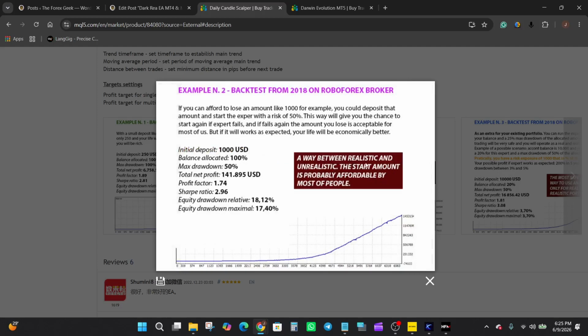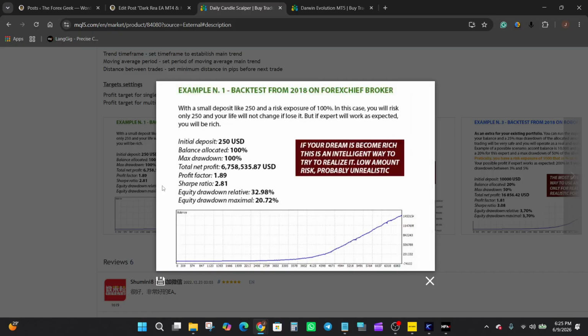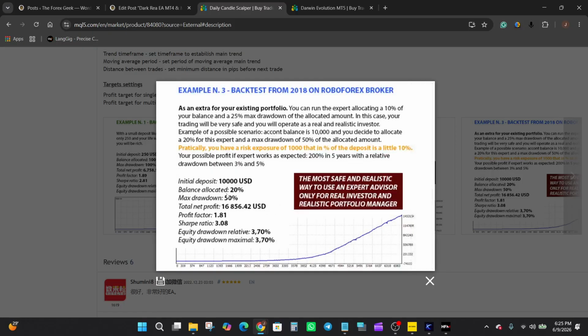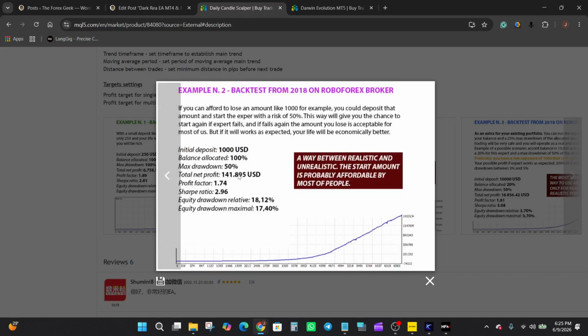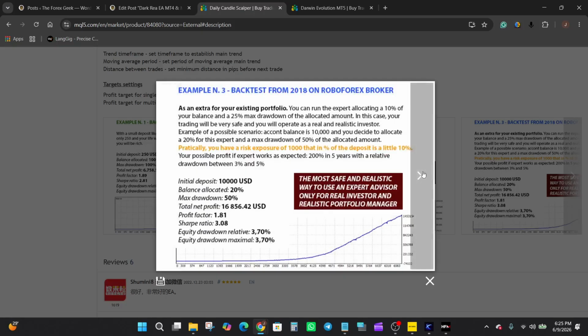A way between realistic and unrealistic. The start amount is probably affordable by most people. All right, here we have $10,000 initial deposit, $16,856.42. Balance allocated 20%.